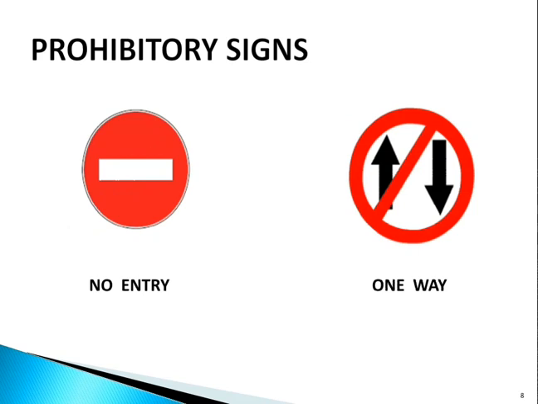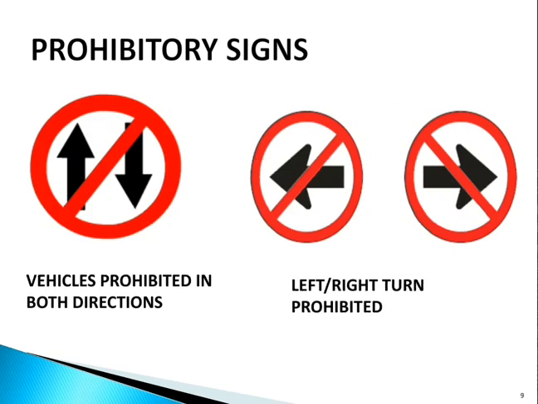Next we are going to see some prohibitory signs. So here you can see no entry and one way sign. Next sign shows that vehicles are prohibited in both directions and left or right turn prohibited.